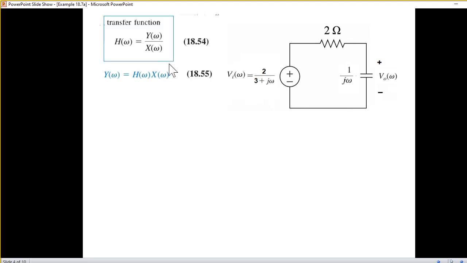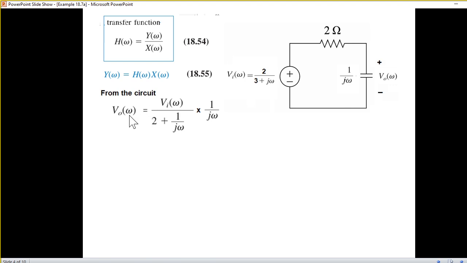The book uses the transfer function, and we know the transfer function is y over x, that means output divided by input. From here, we can write the output as H(ω)X(ω).